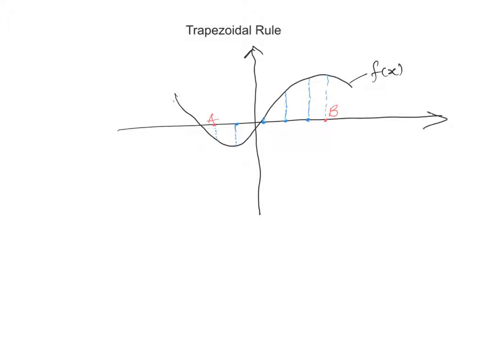Then what we do is we erect the vertical lines up to the curve from each of these points of partition, and then we create trapezoid everywhere, trapezium everywhere.